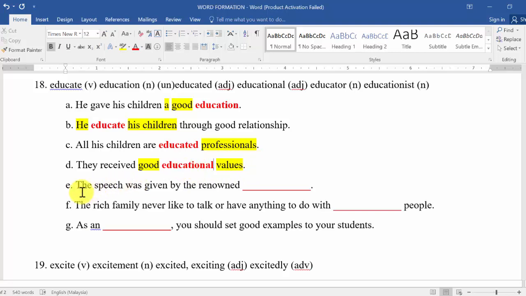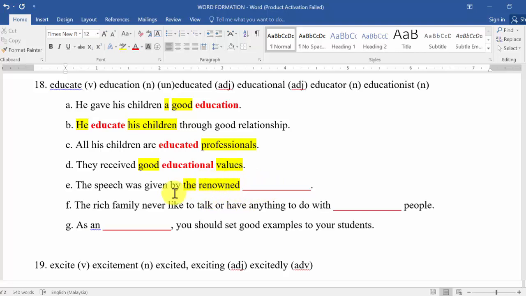Next one. The speech was given by the renowned what? Renowned here means famous, popular. Since you have the determiner the, an adjective, the format is determiner, adjective, noun. Renowned means famous.